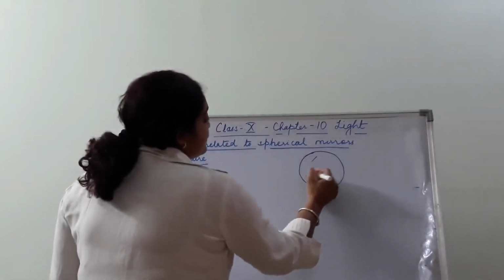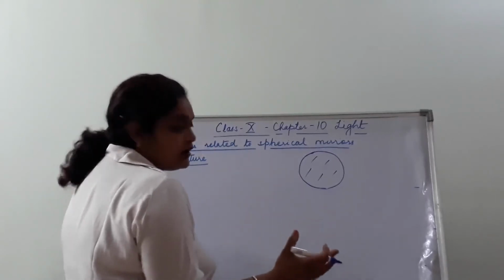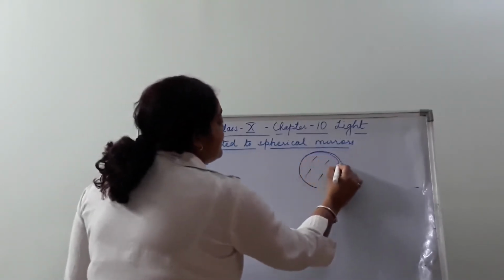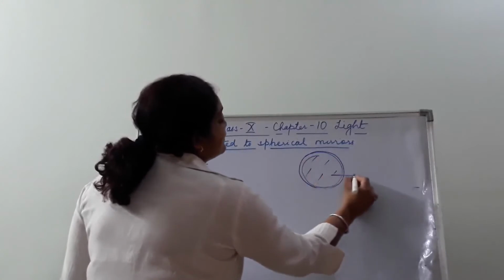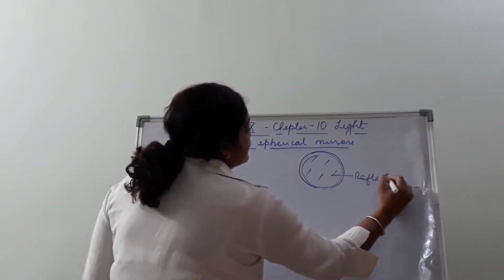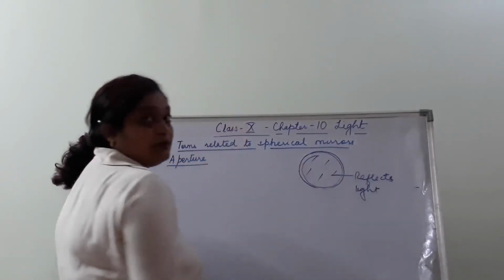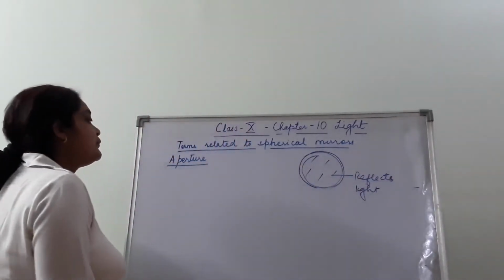So this is for a concave mirror or a convex mirror. This area which reflects light is called the aperture of the mirror.